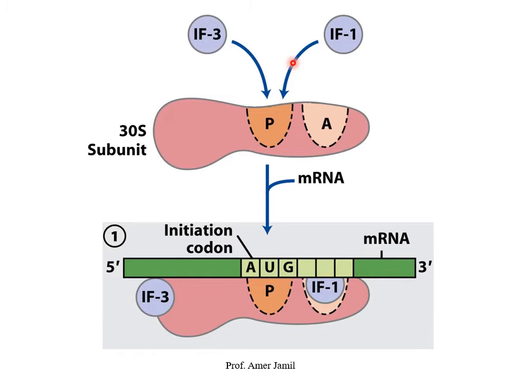And remember, this is translation in prokaryotes. Initiating factors 1 and 3 bind with this 30S subunit, and then messenger RNA along with its codons comes on this 30S subunit, and the messenger RNA scans it so that AUG, the first codon, the initiating codon which codes for methionine, comes at the P site.